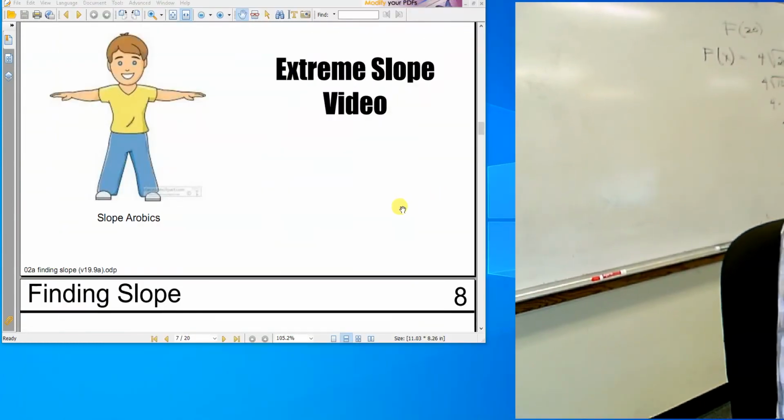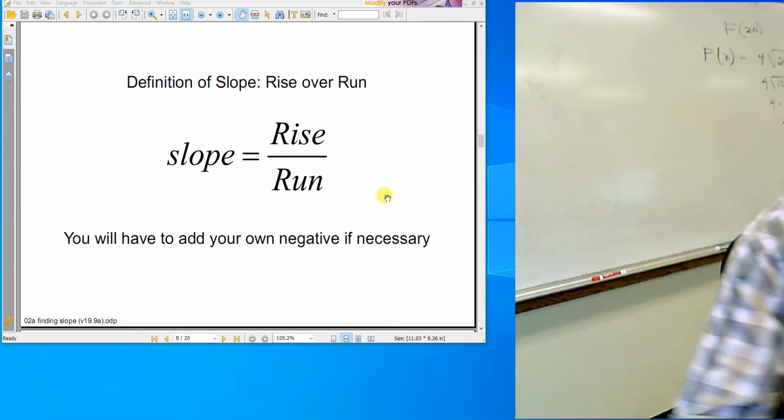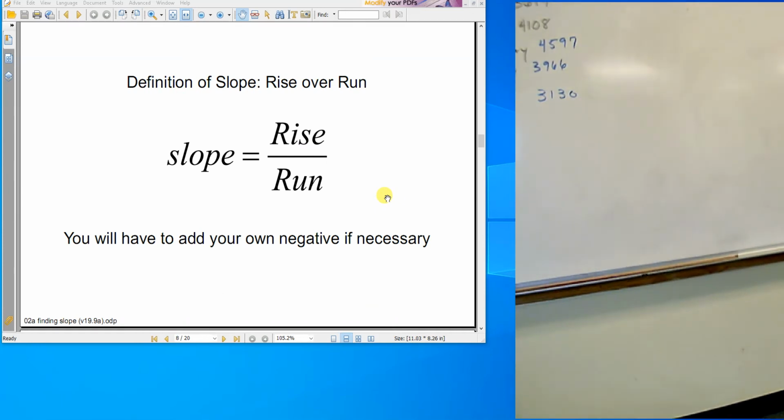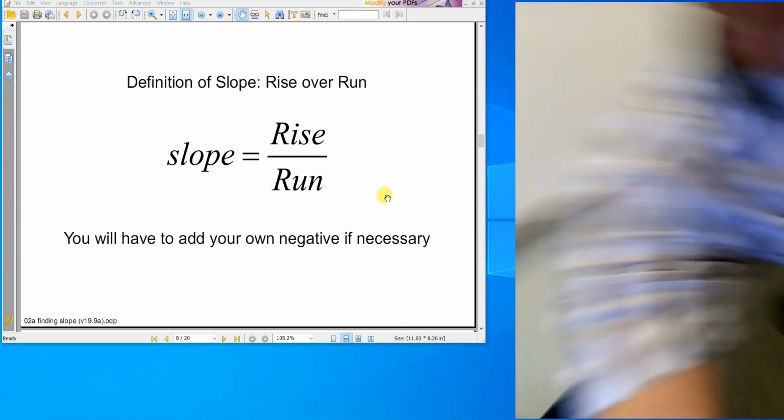Okay, so here's the definition of slope. And we're going to be doing this one so many times.